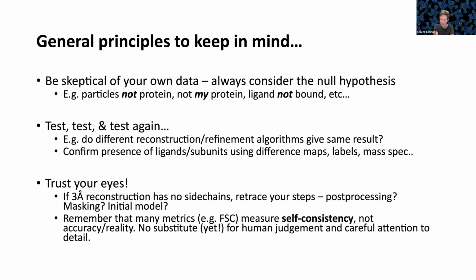They're not telling you anything magical about accuracy or reality of your structure. They're just telling you that two halves of the data are consistent up to a certain resolution. And so there's no absolute substitute as yet for human judgment and careful manual attention to detail.